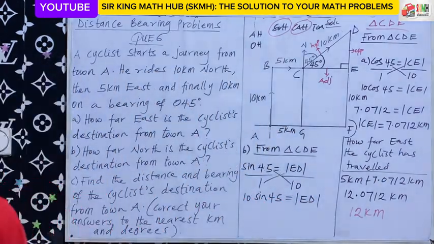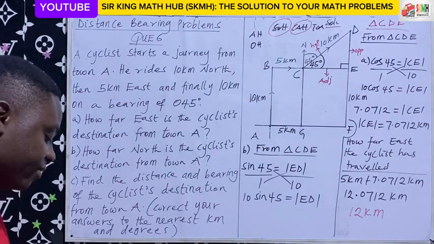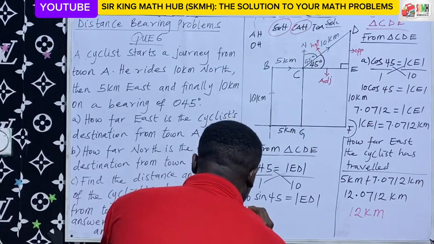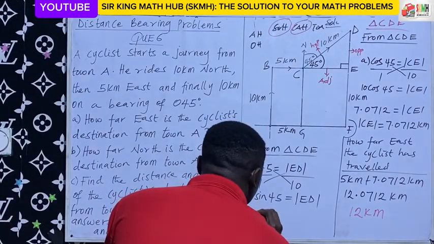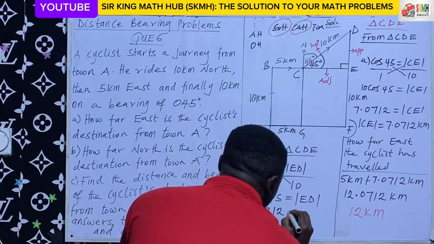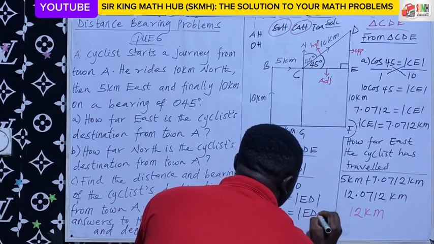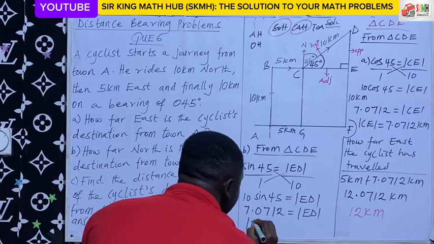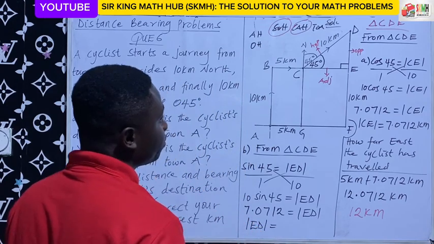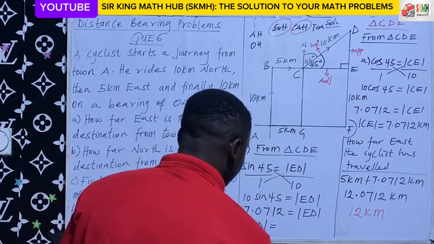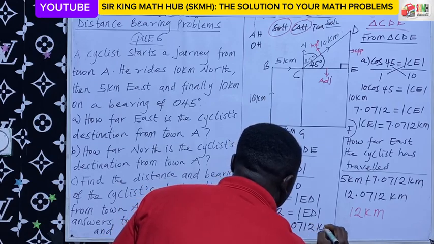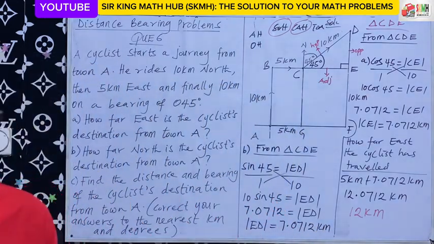So from our calculator, 10 sine 45 is also giving us 7.0712 to 4 decimal places. So line ED measures 7.0712 kilometers.